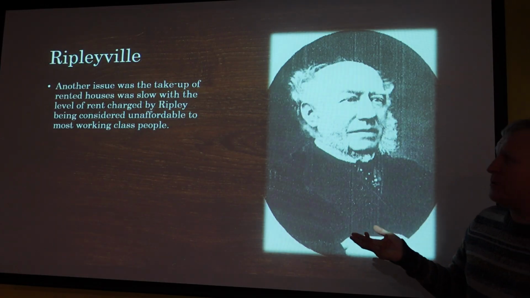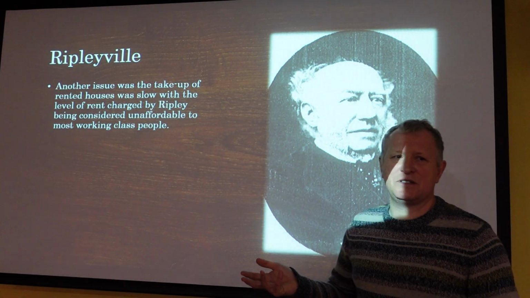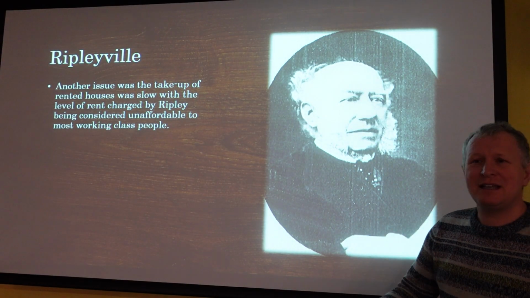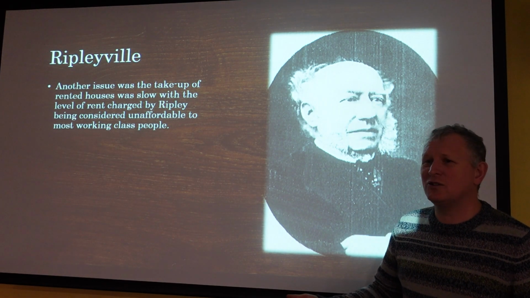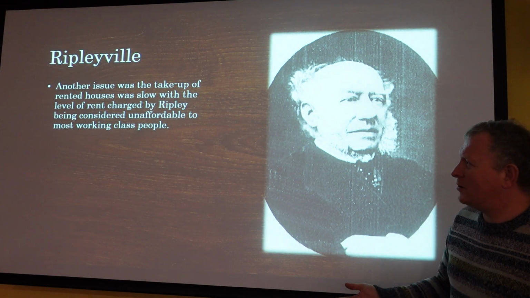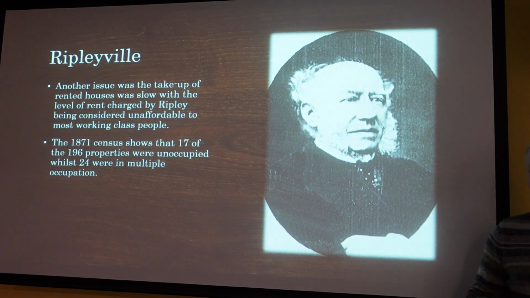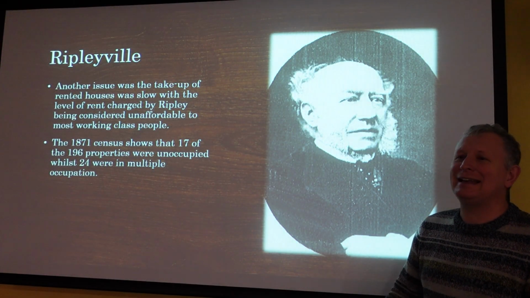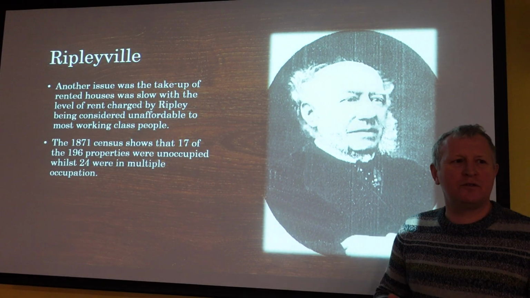And also the other problem was that the take-up of the rented houses was very slow. Because simply, he built these lovely houses, but then the rents he was charging were regarded as being extortionate. So what you ended up with was houses of multiple occupancy. So you started to get, again, overcrowding, perhaps not to the same degree as in some other places.